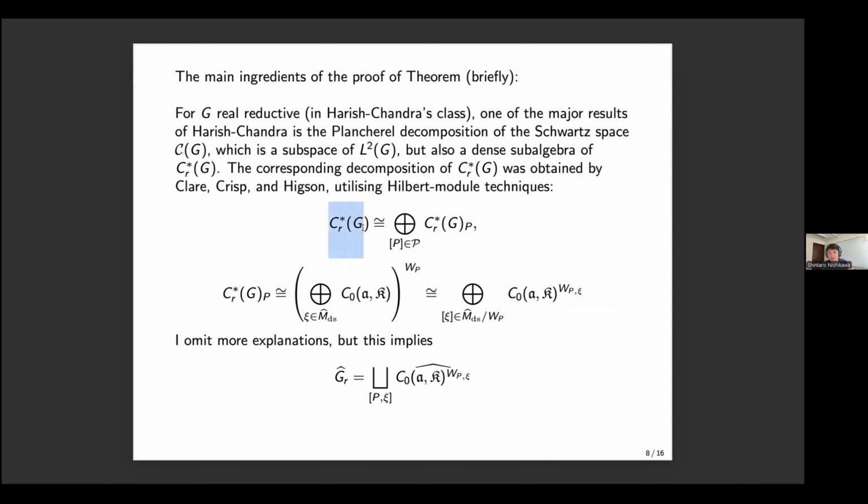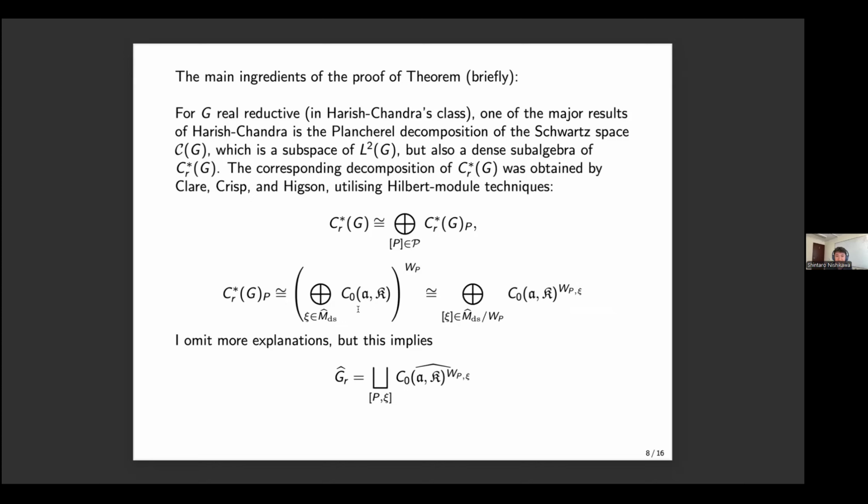So first, the reduced group C star algebra for this class is a finite direct sum of some C star algebras C star(G)_P. This is a direct summand. And P is some equivalence class of parabolic subgroups, which I won't go into in detail, but this set is in bijection with conjugacy classes of Cartan subspaces of G. Okay, so C star(G)_P is isomorphic to this nice direct sum.